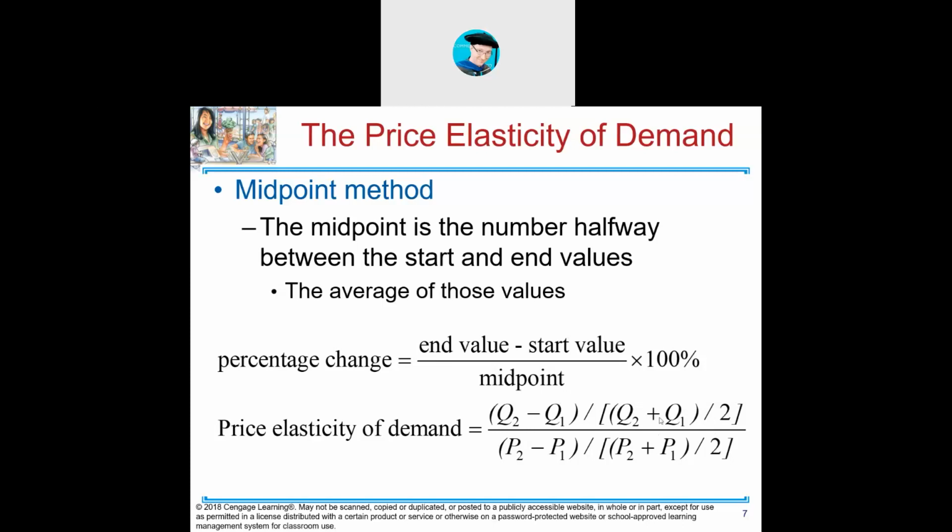The denominator, the bottom part, shows us our base. That gets us our average, and the average is the midpoint, right? And we do that for both quantity and price.